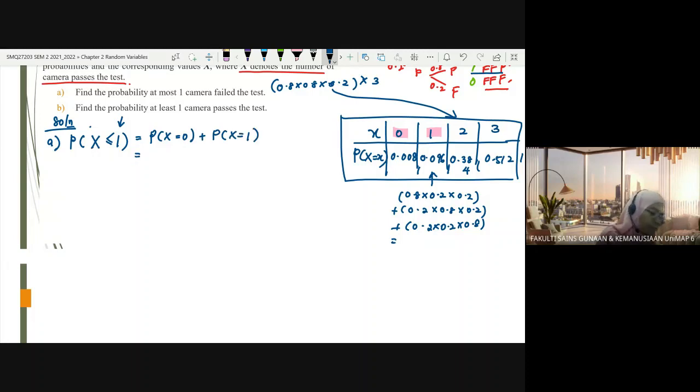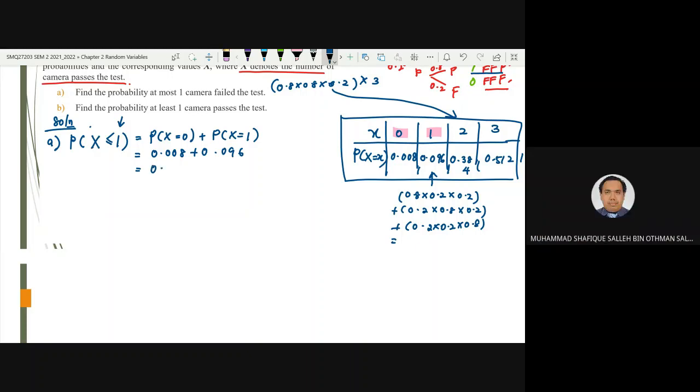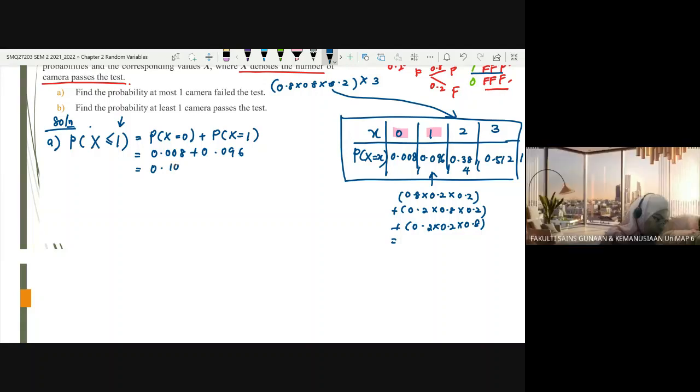So you know that the probability is 0.008 plus 0.096. So what will you get here? 0.104, correct.